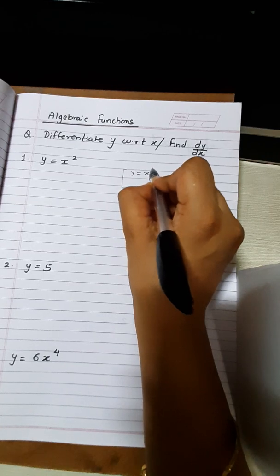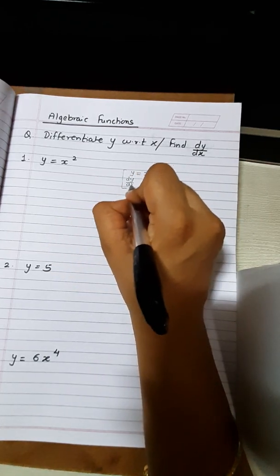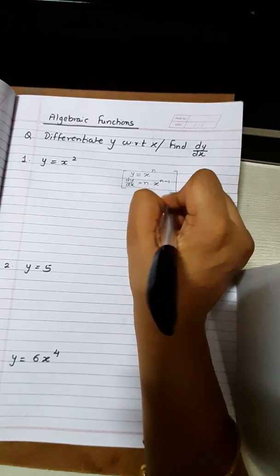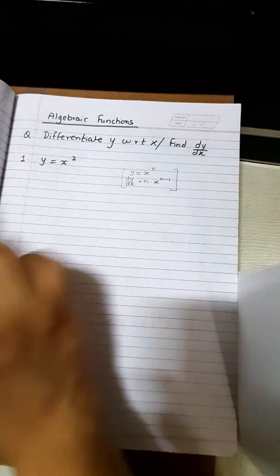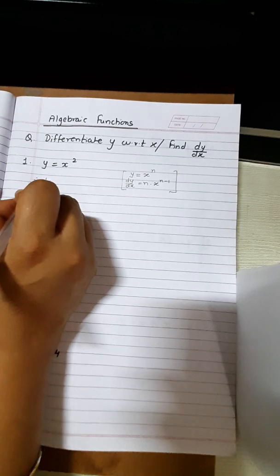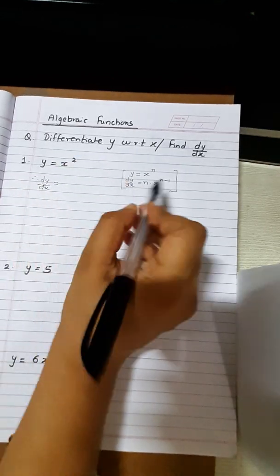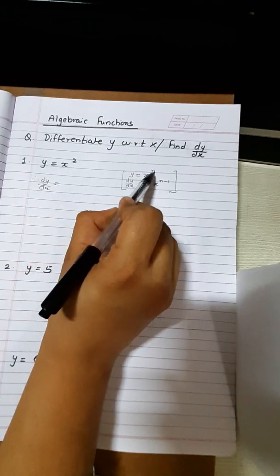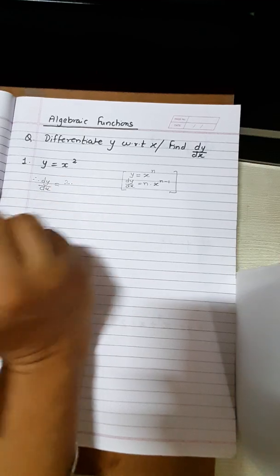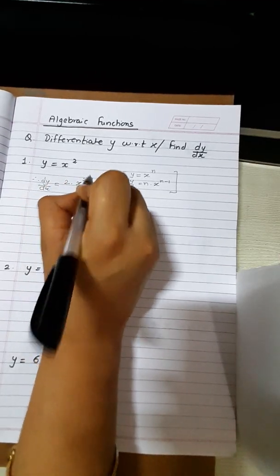If the formula is y is equal to x raised to n, its dy by dx is n into x raised to n minus 1. Applying the same formula over here, dy by dx is equal to, here I am comparing degree 2 with n, so keeping 2 down, and x raised to 2 minus 1.